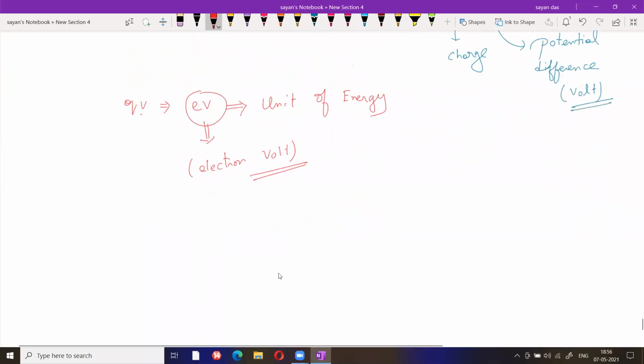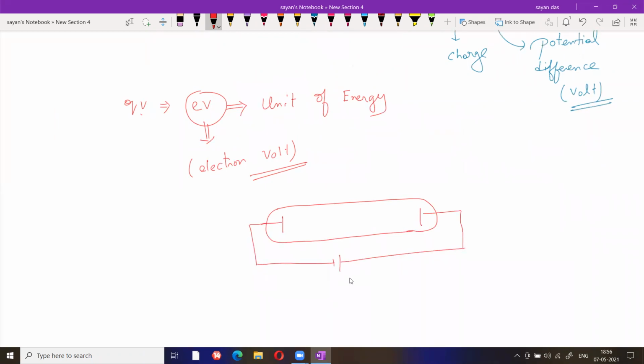If you go through the definition, suppose this one is a discharge tube. In this discharge tube, cathode and anode are both connected with a battery, and we are supplying 1 volt. Now, what is electron volt?